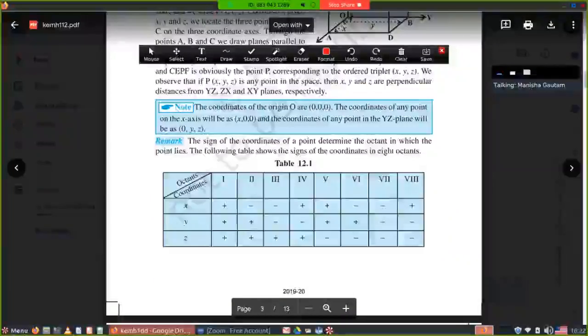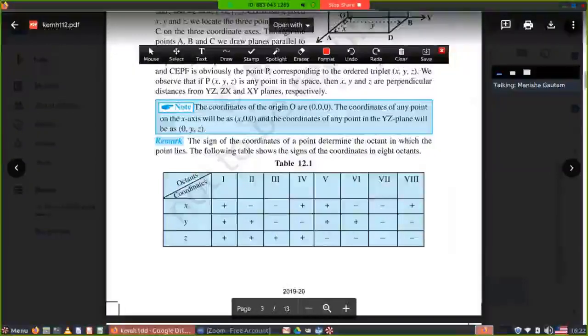If all points are positive, it means x, y, z are all positive, the first quadrant. If the point is lying in the second quadrant, it means x dash, y, z; in the third quadrant, x dash, y dash, z. The fourth quadrant will be x, y dash, z, and the fifth x, y, z dash.